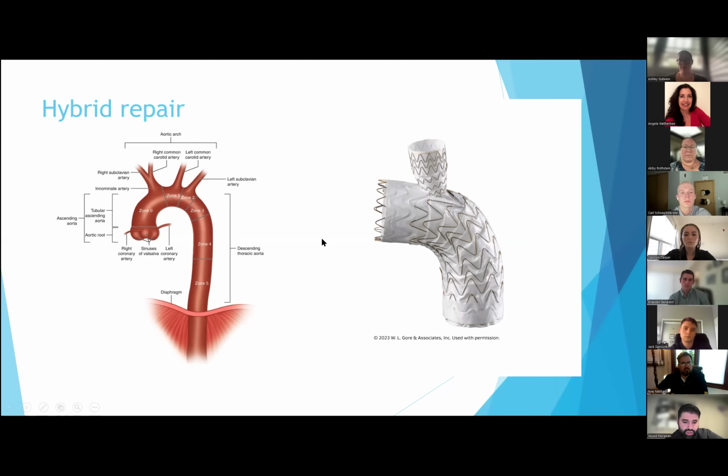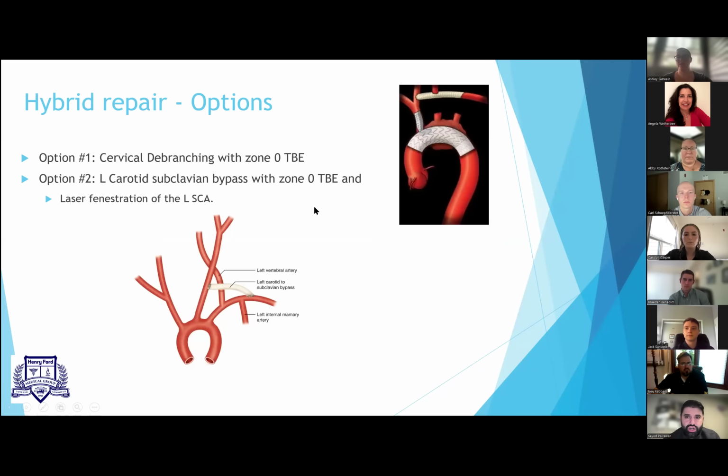And in order to make sure you have perfusion to the vessels, if you're going to put your stent in here, you have to make some type of a debranching procedure or some type of a laser fenestration, which I will go over in my next slide here.